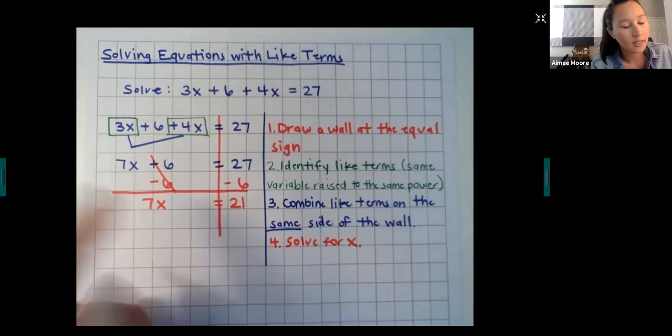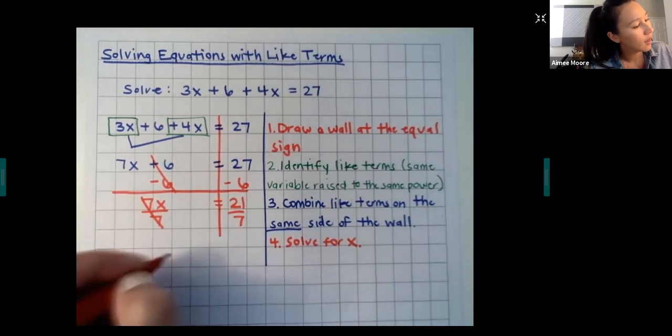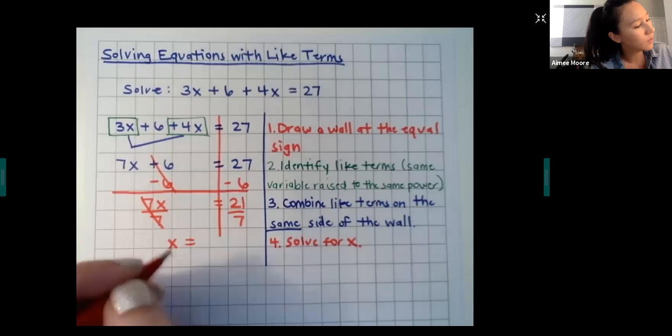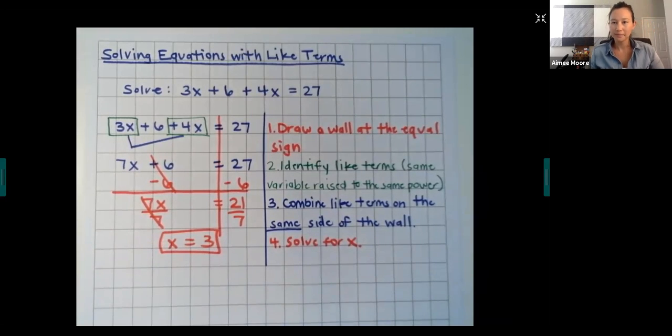We need to get rid of the 7, so we divide both sides by 7, and x equals 3. Any questions? No.